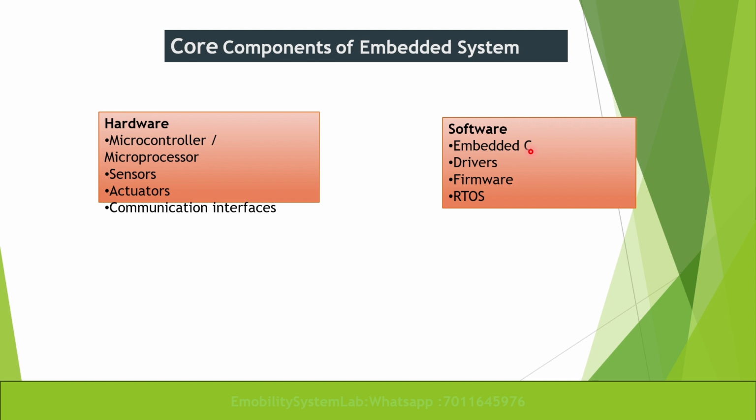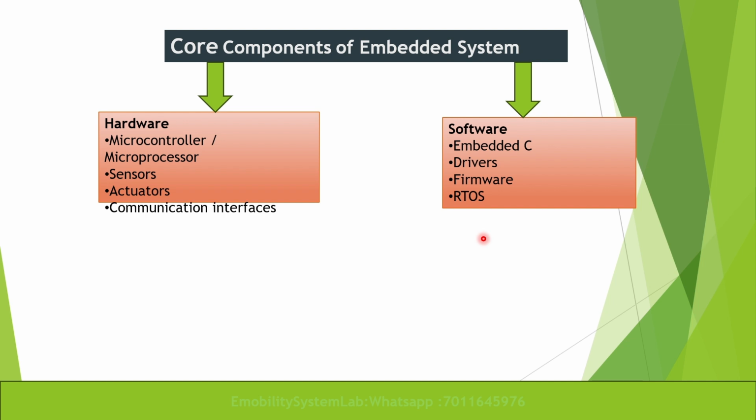Embedded C. So what is the difference between embedded C and normal C? There are specific functions for embedded C, sir. In normal C programming, we don't have that many specific functions. For example, mentioning the register and using register functions, SFR kinds of functions.